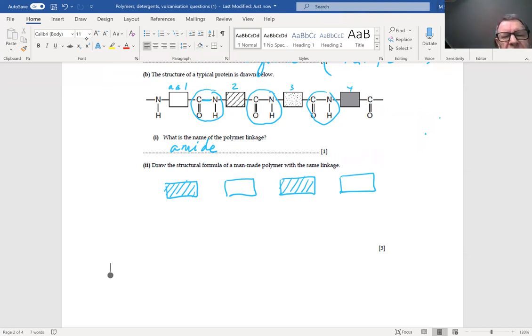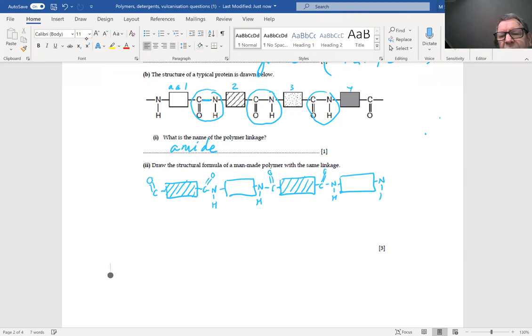What these start with is a C double bond O on both ends of this one, and this one with N attached there. Okay, so we've got N here. This one, the hatched one, has got C double bond O, C double bond O. This one has got NH on both ends.